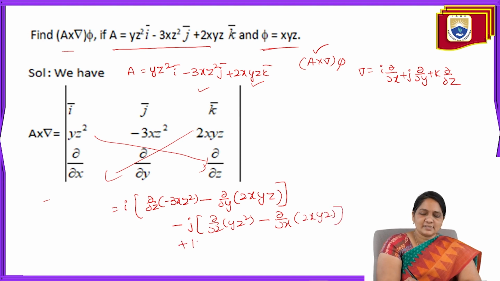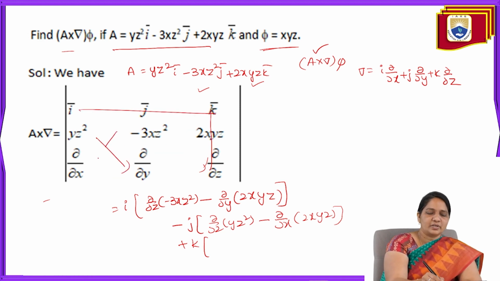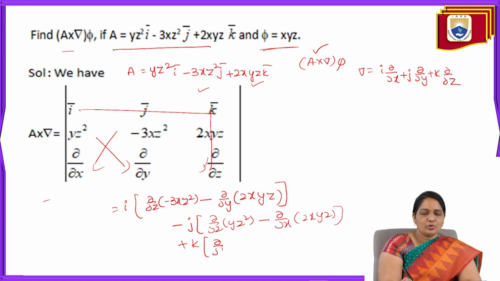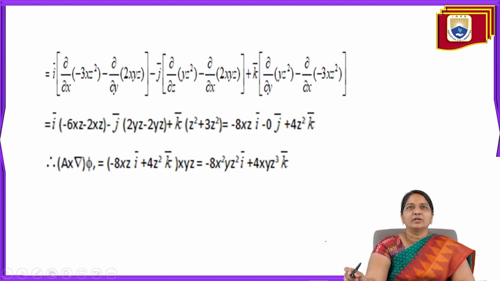Next, plus k into ∂/∂y of yz² minus ∂/∂x of minus 3xz². So this is the way to calculate it.